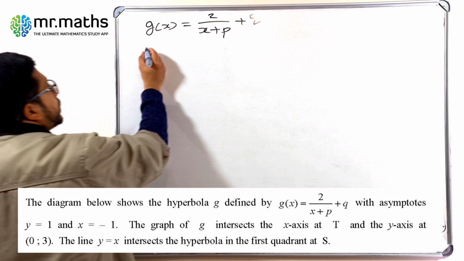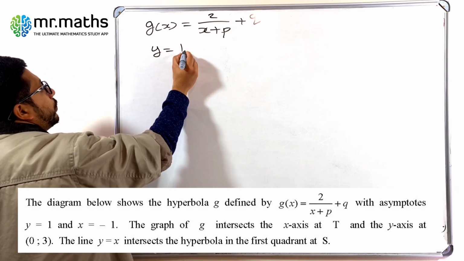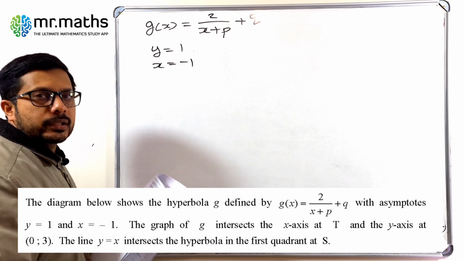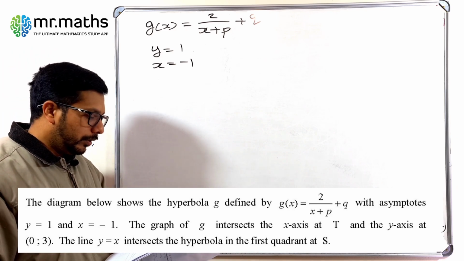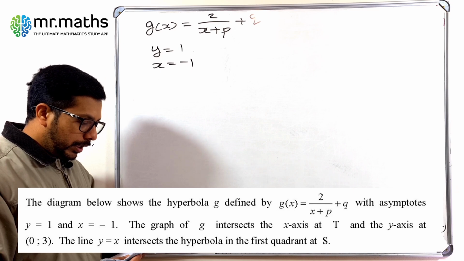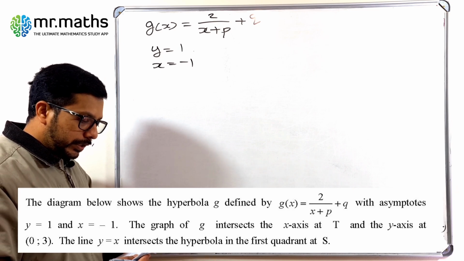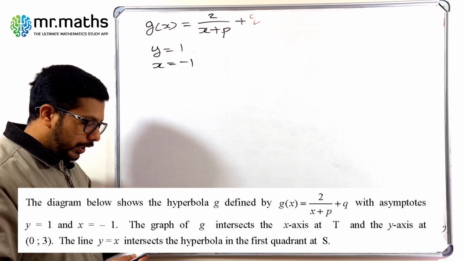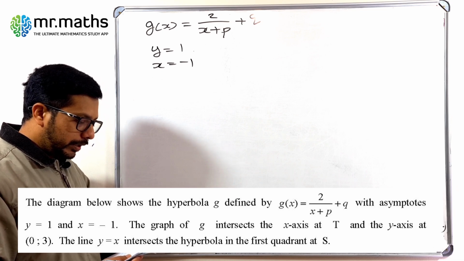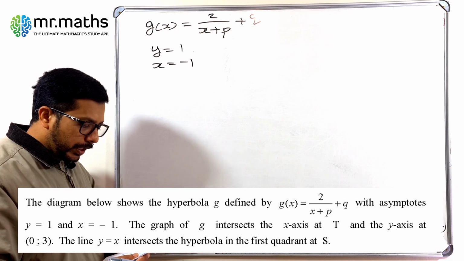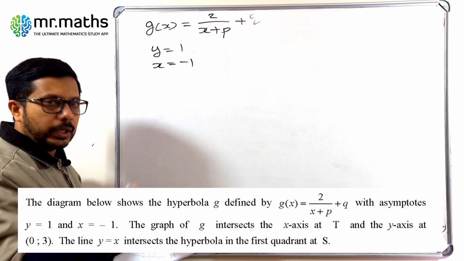The graph of g intersects the x-axis at T and the y-axis at (0; 1). The line y is equal to x intersects the hyperbola in the first quadrant at S. I'll explain that one after we draw that graph.